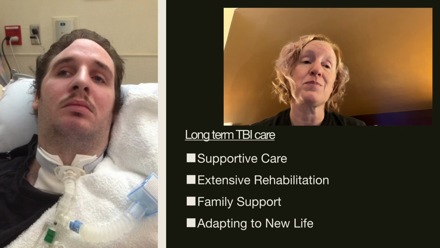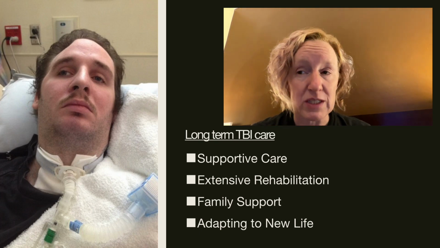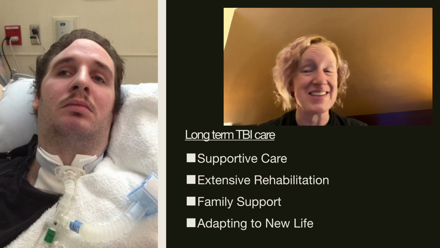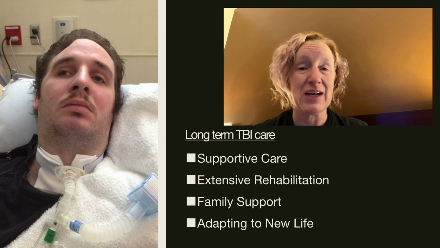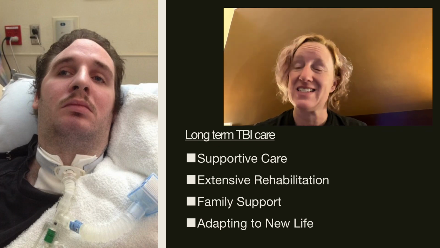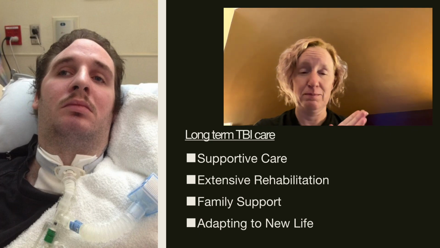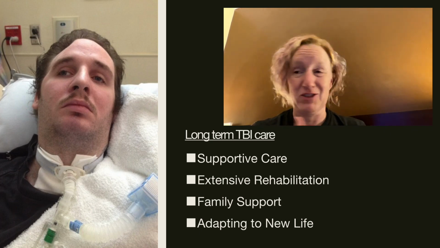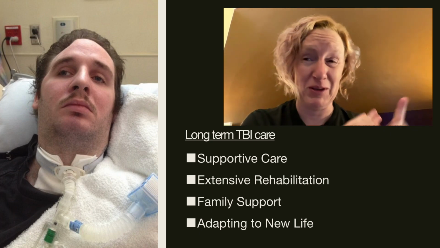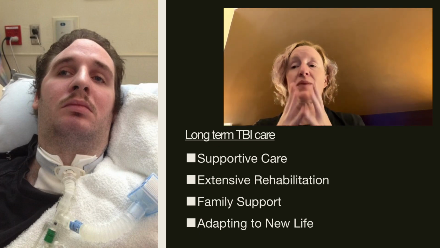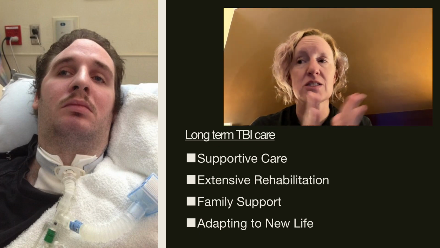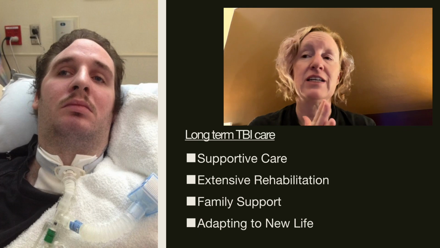And we're going to need that support because it is a long road. It is not a short and quick healing process. Extensive rehab, depending on the level. Like I said, they can have to learn to walk again. They can have to learn to pay bills again. I mean, it's just huge. And impulse control becomes such a big part of head injuries.